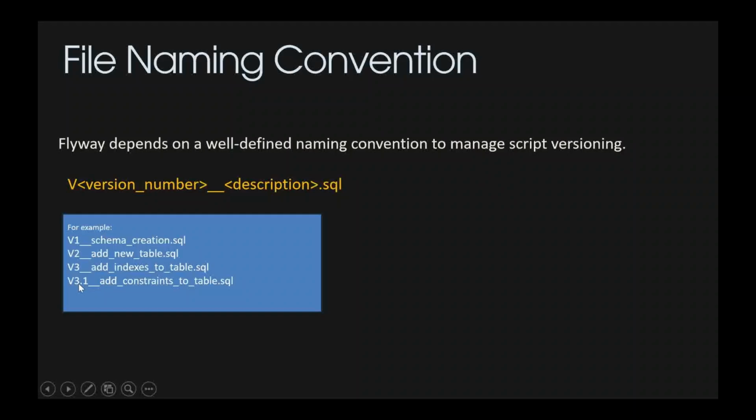If you add v2.1, Flyway will still allow that deployment, but in the status it will mark it as out of order, because 3 is already deployed. It will do the deployment to the database. The description you provide will also get tracked in the Flyway schema history table.